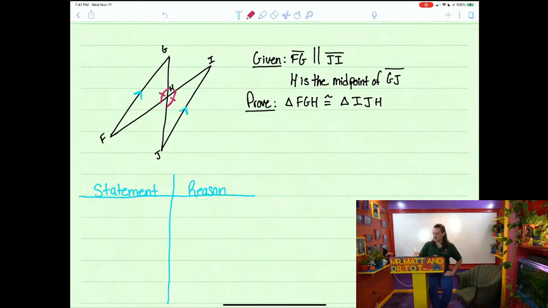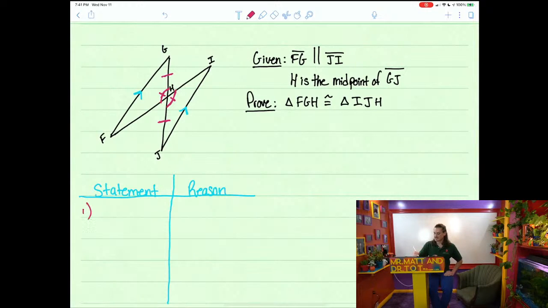I'm going to say that they tell me that H is the midpoint of GJ, and that was given.